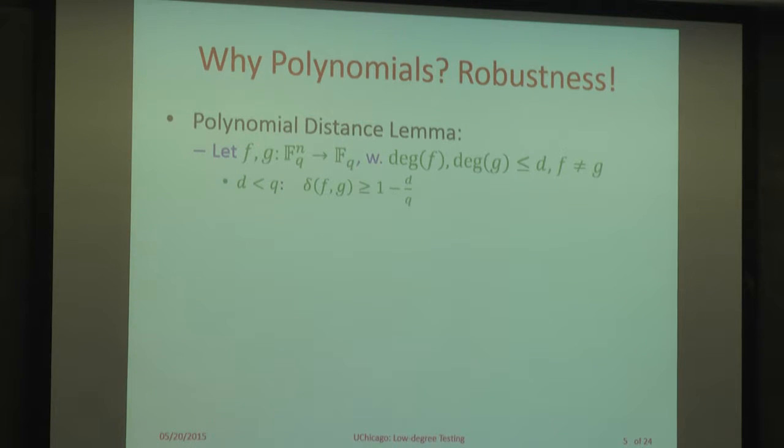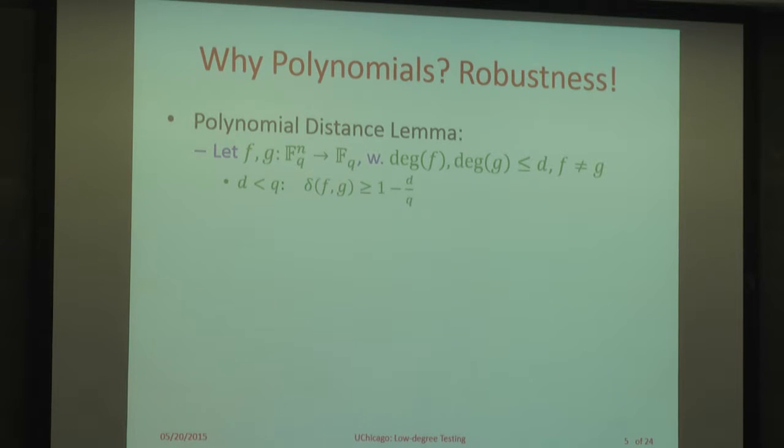And one of the features, a very basic lemma about polynomials that is extremely important in this setting is the polynomial distance lemma. It goes by many names in many different cultures, but it is really an age old folklore kind of statement. If you take two polynomials whose degree is at most d and they are distinct, f is not equal to g, then the fractional distance between them is noticeable.